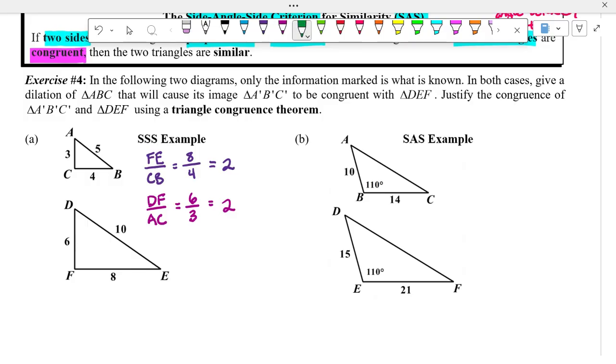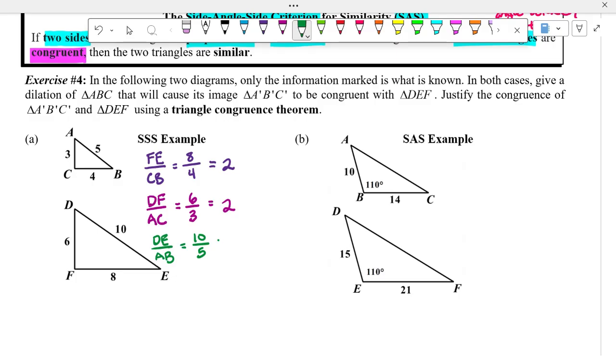So what's my last set of corresponding sides? Someone who's not talked yet? AB and DE. So I'm going to put DE first, because that's my bigger one, over AB. So that'll be 10 over 5. And again, if you flip those fractions, like you did the smaller over the bigger, you would just get 1/2 instead of 2, which doesn't matter. It's still going to give you the same proportion.